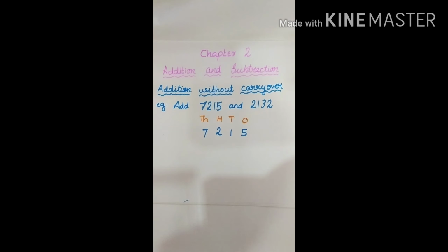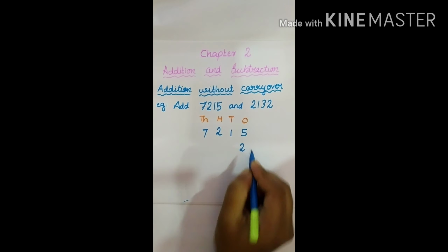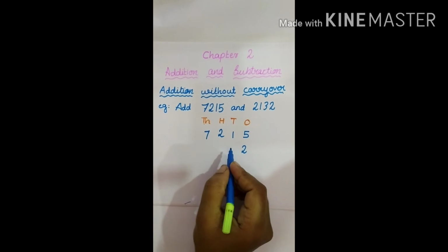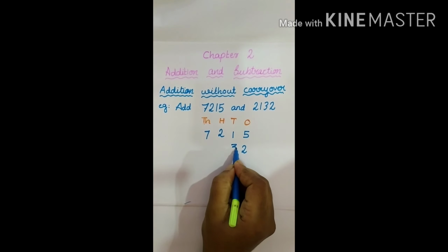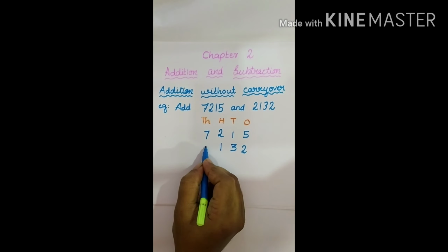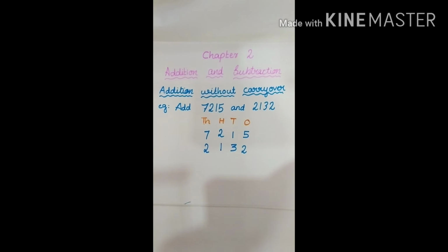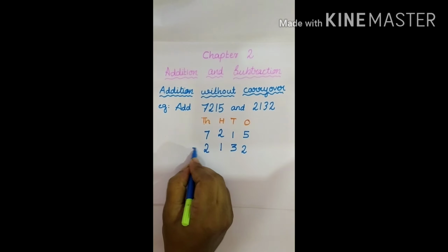Then arrange the second number in column. Under ones we have 2, under tens we have 3, under hundreds we have 1, under thousands we have 2. So we are adding these two numbers, so plus.